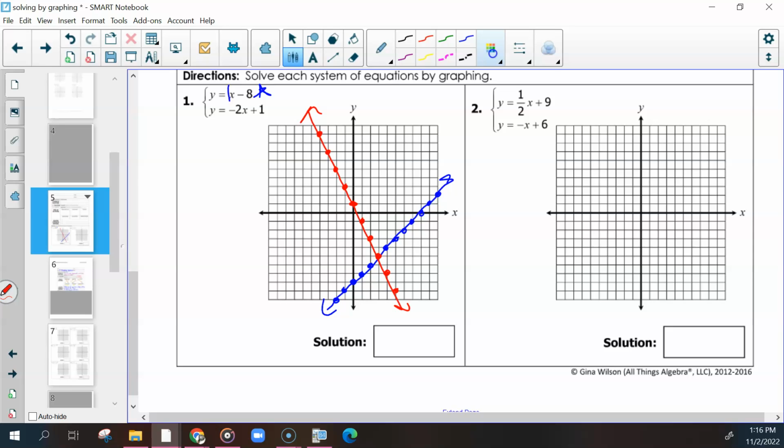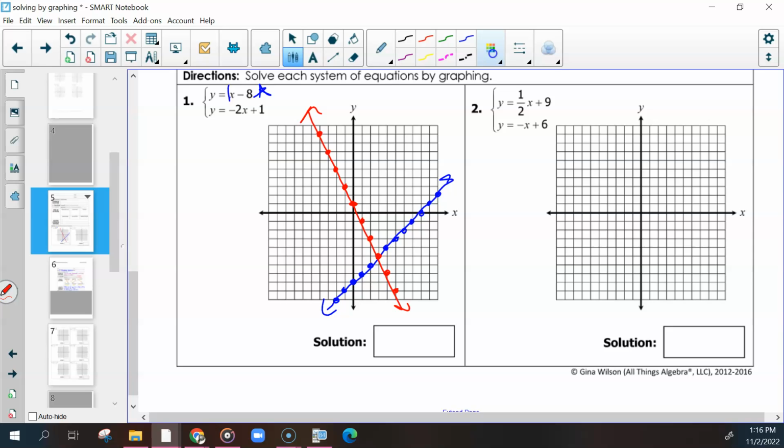So then what would be the solution of this graph? Are you raising your hand? Yes, they are intersecting, so you're going to have one solution.